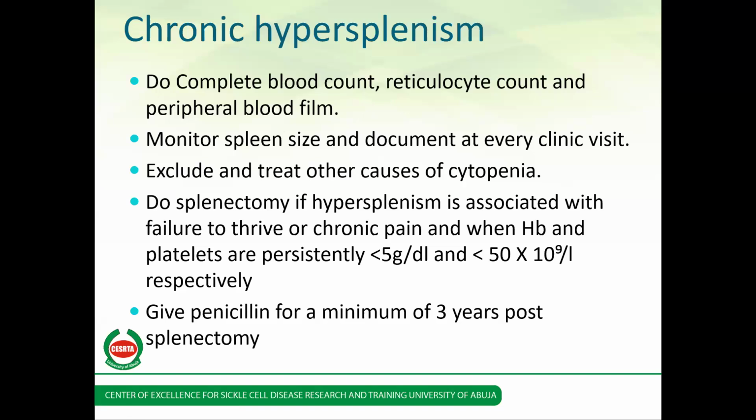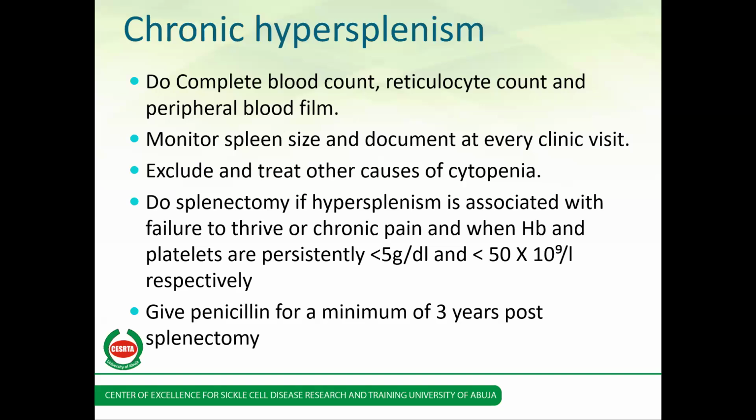Monitor spleen size and document at every clinic visit. Exclude and treat other causes of cytopenias. Do splenectomy if hypersplenism is associated with failure to thrive or chronic pain, and when hemoglobin and platelets are persistently less than 5 grams and less than 50 times 10 raised to power 9 per liter, respectively. Give penicillin for a minimum of 3 years post-splenectomy.